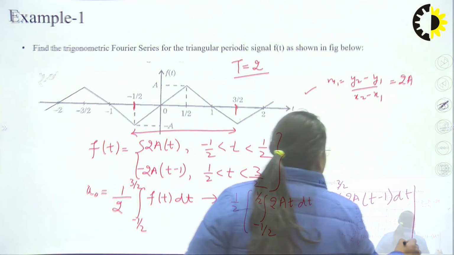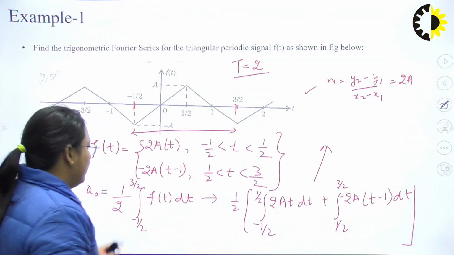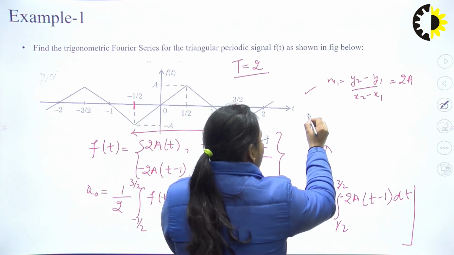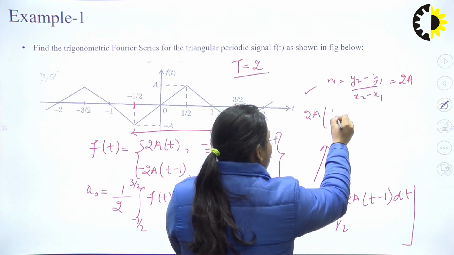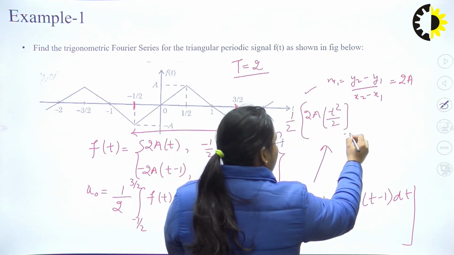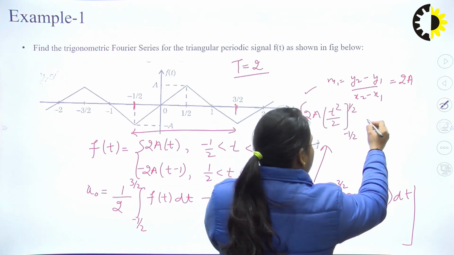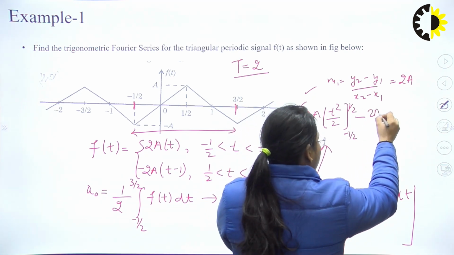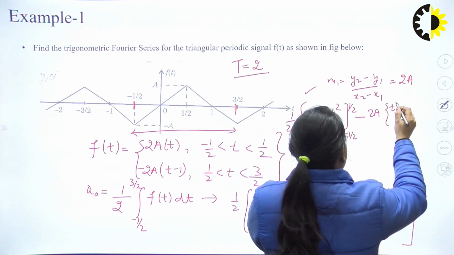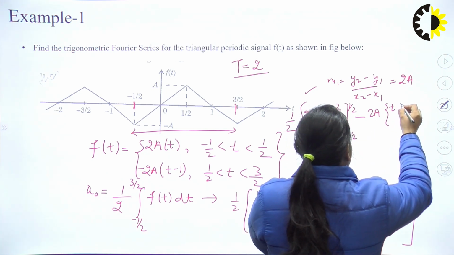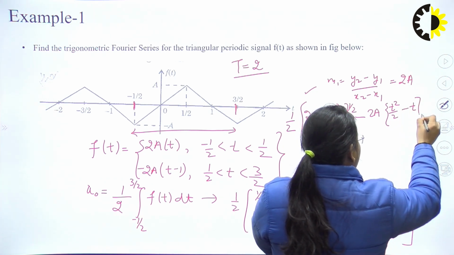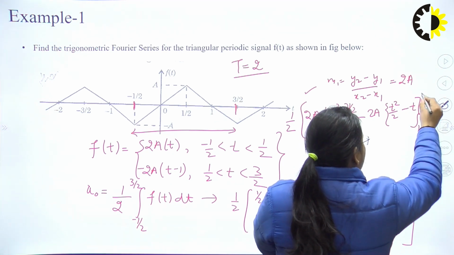So when I solve this, I write it as 2a, and it will be t square by 2, from -1/2 to 1/2, and let me take this minus sign 2a common again here, and the integration of this will be t square by 2 minus t, from 1/2 to 3/2.